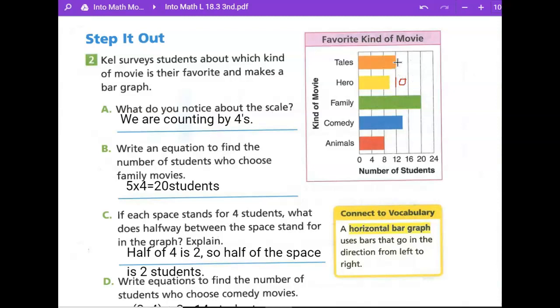And this one is 12, just kind of like I had you do on your picture graph sometimes. This one is 20. Comedy was 14. And animal movies is 8. That one's pretty easy to see because it's down here by the scale.